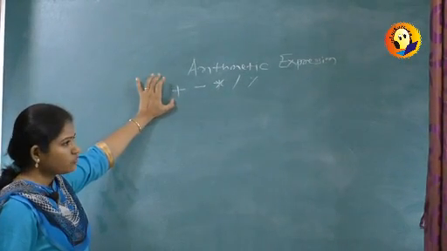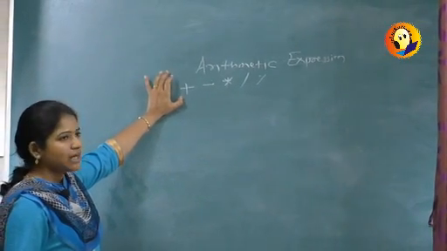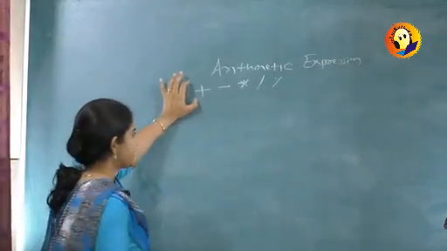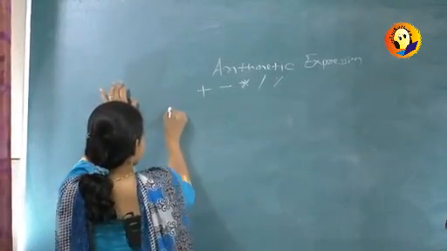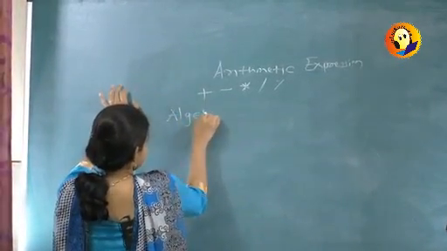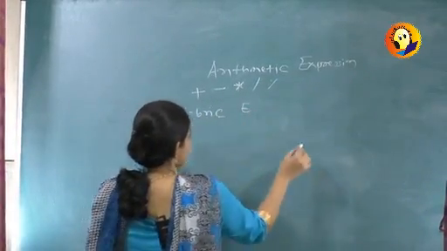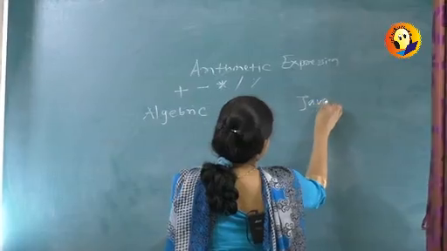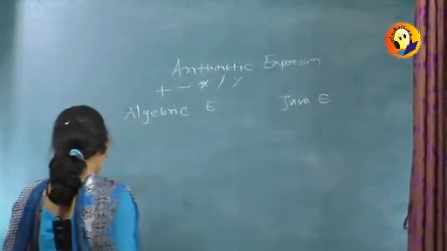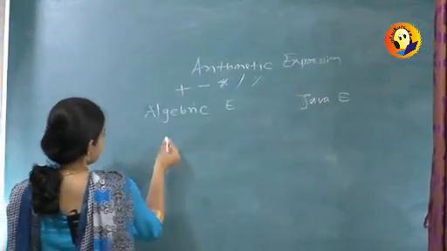Expressions are represented in two forms: algebraic expressions and Java expressions. I will explain these with the help of examples.